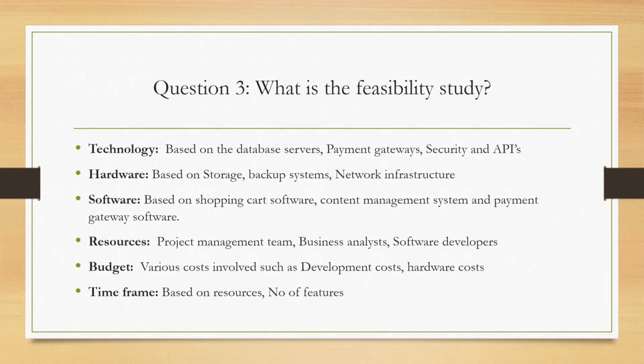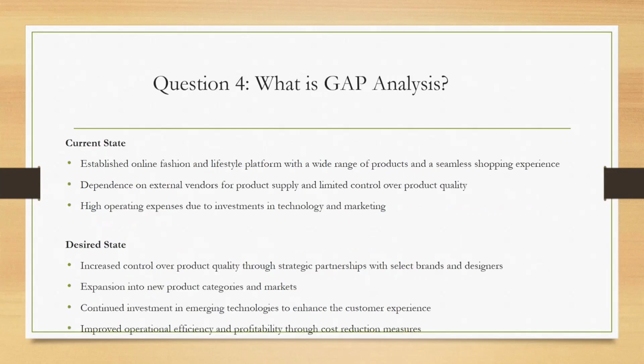In this scenario, either we hire Python developers or we leave the project, because the Java developers will not learn Python, and it takes so much time. So we need to check each and every thing. That is the feasibility study: checking whether the project is viable in terms of technology, hardware, software, resources, budget, and time frame.